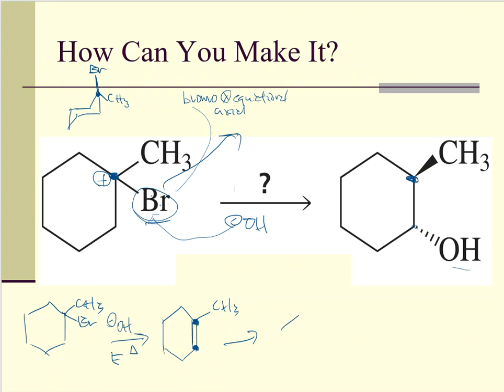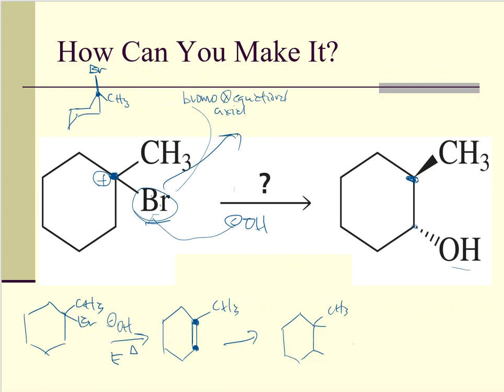Once I have this double bond, I can now play off of double bond reactions, can I? We need an OH group on. Okay, so if the double bond breaks, two sites of attachment open up. Here and here.